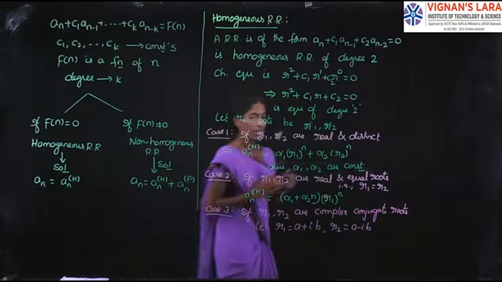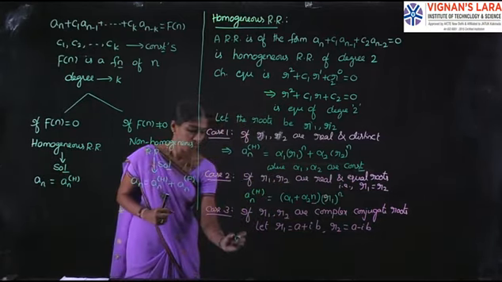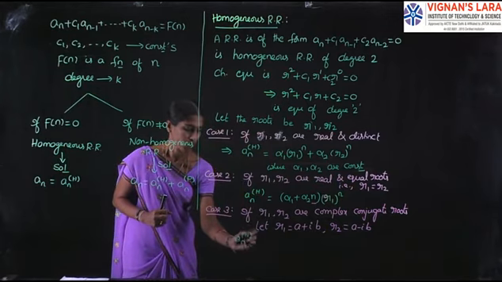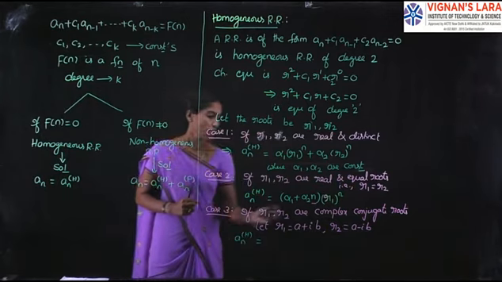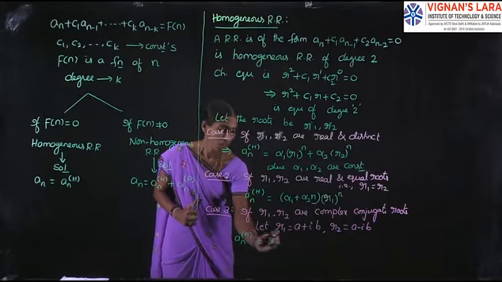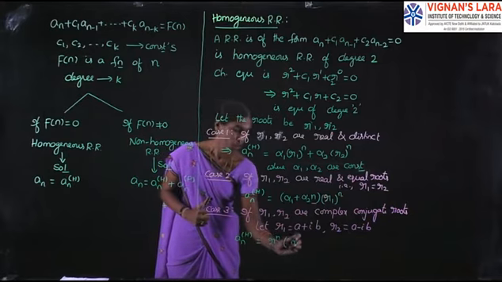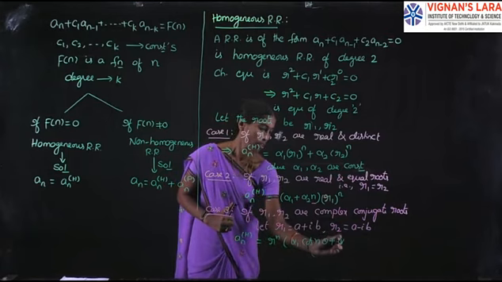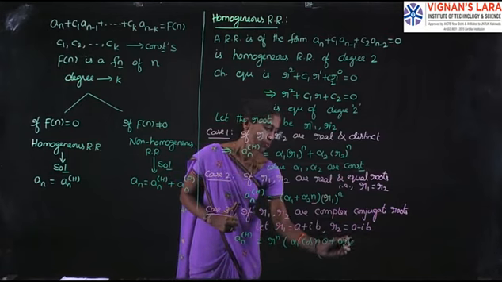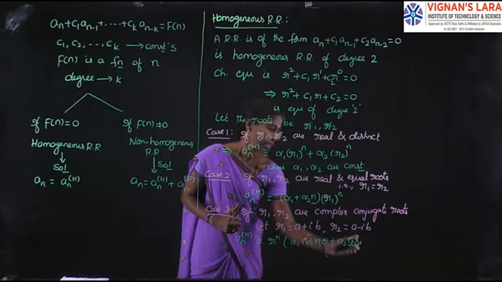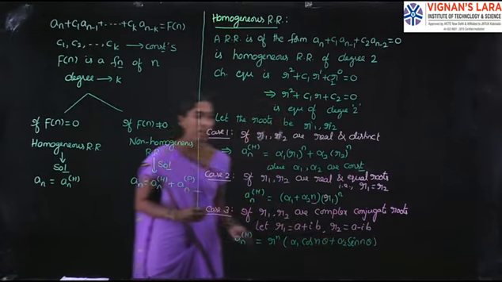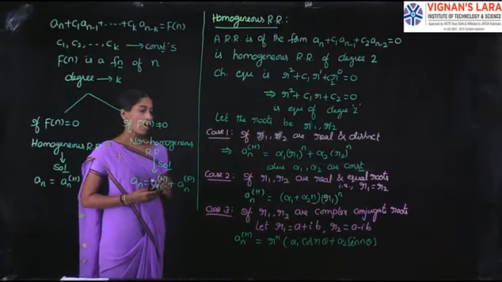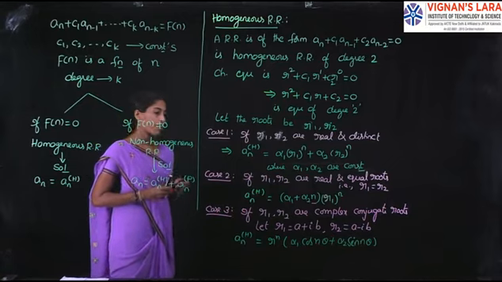Then what is a_n(h)? It is r to the power n into alpha 1 cos n theta plus alpha 2 sin n theta, right? How can we find out these r value and theta value?